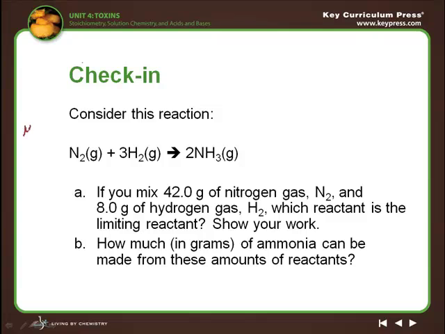So I'll write the molar masses of each of the chemicals up here, so you don't have to calculate those. And if you're not sure what to do, just raise your hand. I'd like to help you now before tomorrow's quiz.